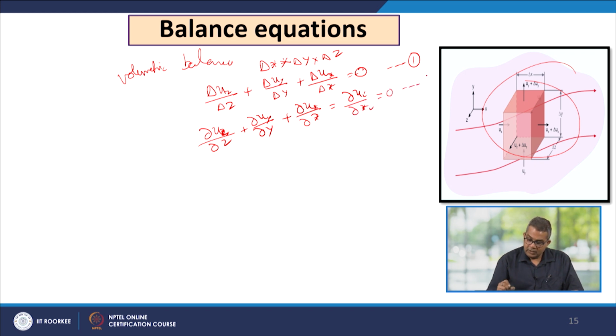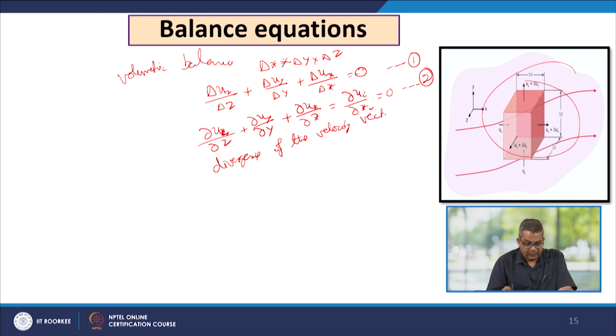Let us take this as equation number 2. Now, this states the divergence of the velocity vector must equal 0 when the mass or volume is conserved.